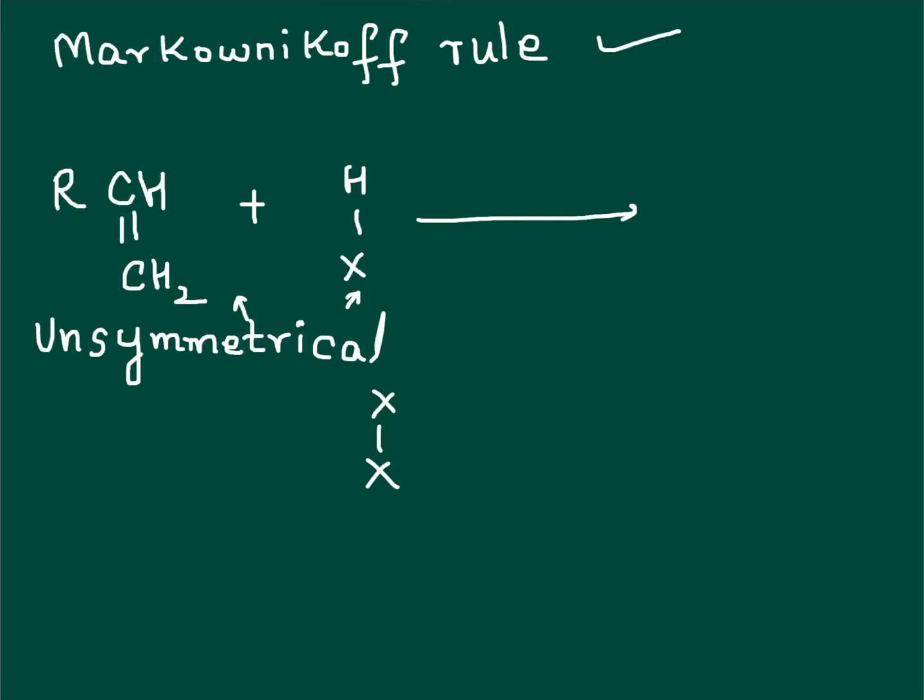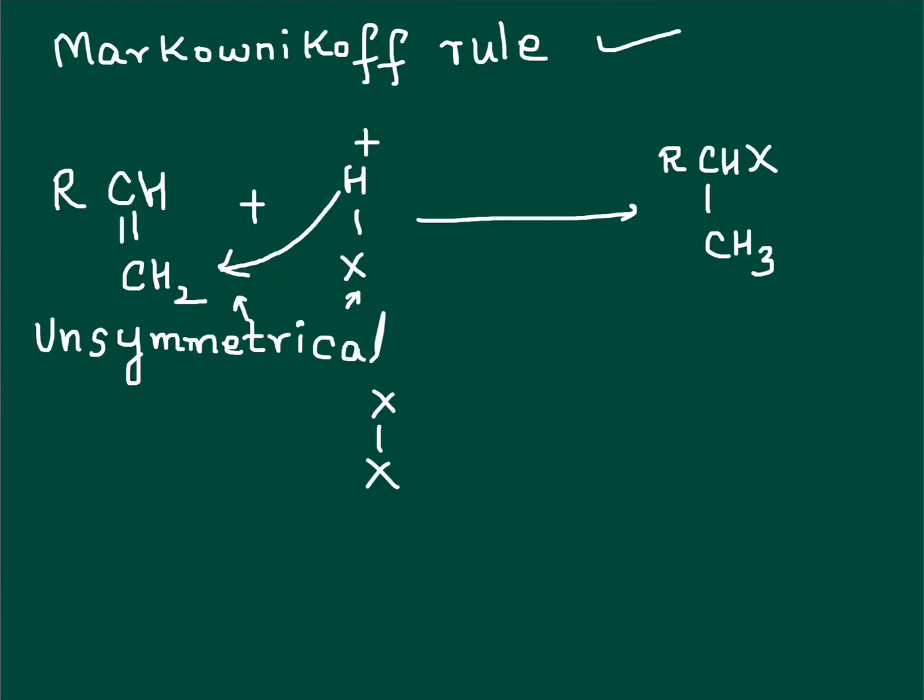So when an unsymmetrical reagent adds to an unsymmetrical alkene, the positive part of the adding reagent goes to the carbon bearing more number of hydrogen atoms. So R-CHX-CH3, right?